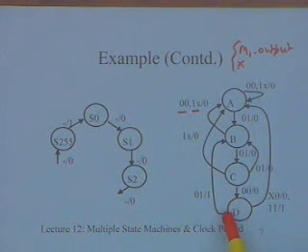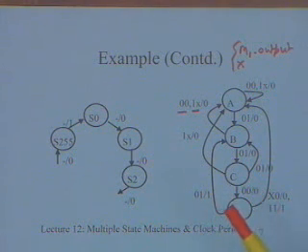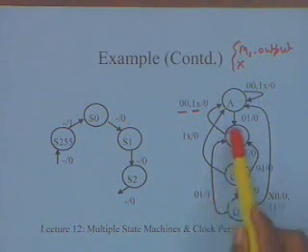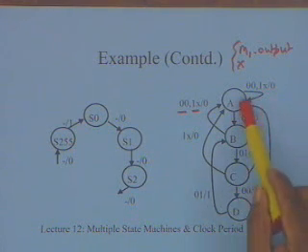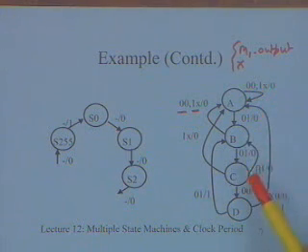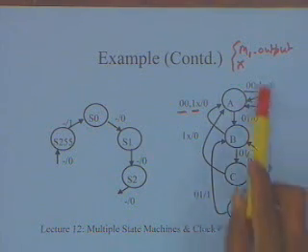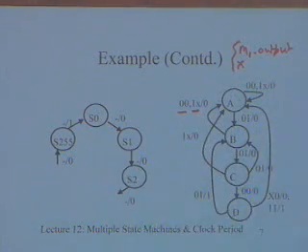But if I am in this state and I get the last pattern, and I also get the fact that the block is going to end, now I should not return to B. Previously 0 1 would have returned to B, but 1 1 is going to return back to A with the output of 1. So this particular transition now corresponds to two things. If 0 is the input, I have 0 output; if 1 1 is the input, I have 1 output.